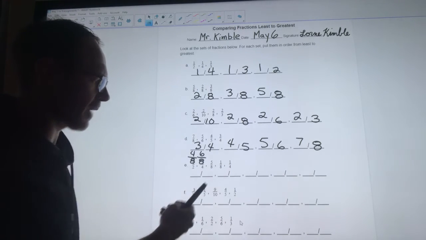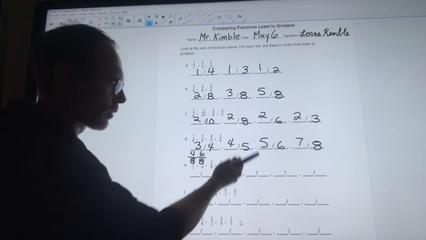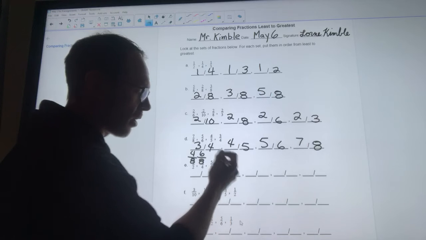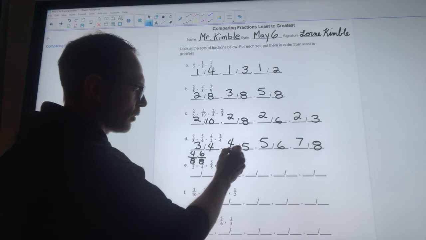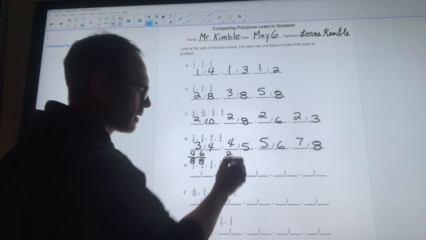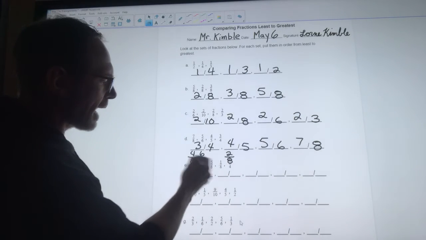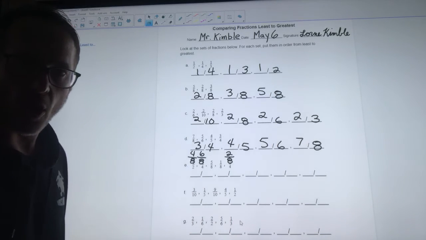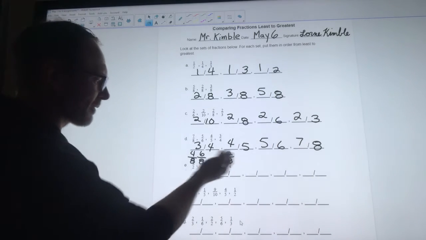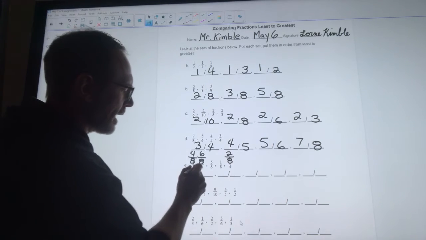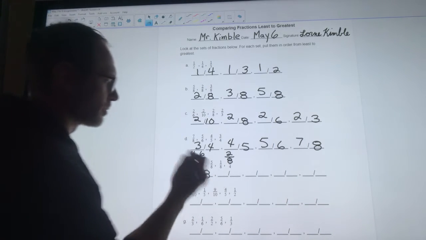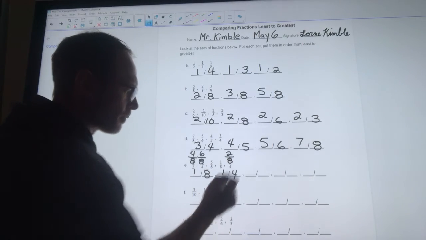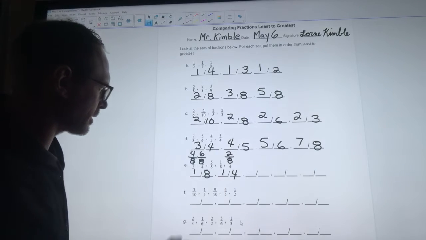The next two fractions are already 8s, but let's look at the last one, 1/4. To make that 8, we'd have to multiply both the numerator and the denominator by 2. It would be 2/8. Now, since I have the denominators all the same size, I just have to look at my numerators. 1/8 is going to be the smallest, then 2/8, which is 1/4, would be the second smallest.